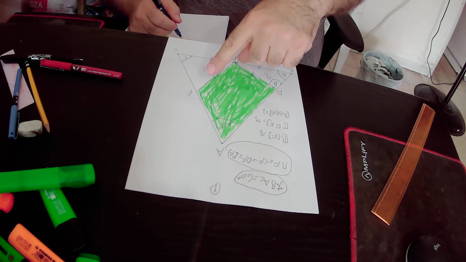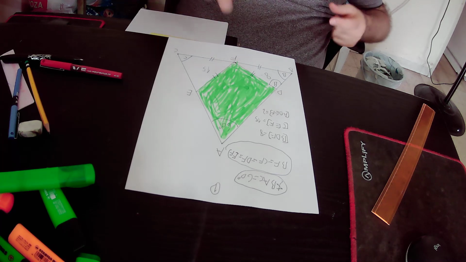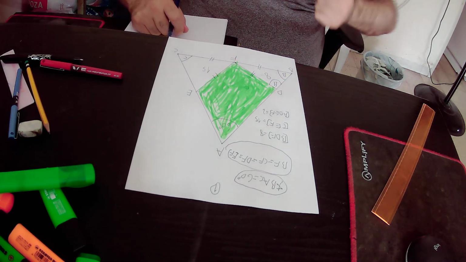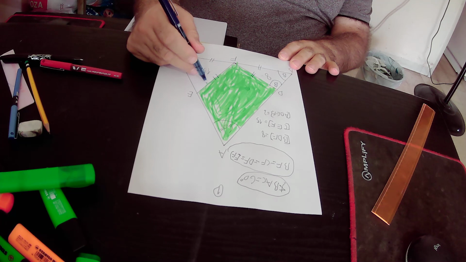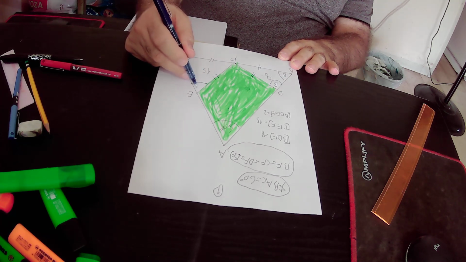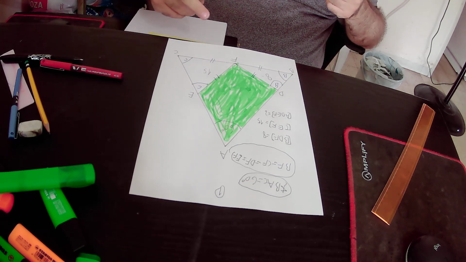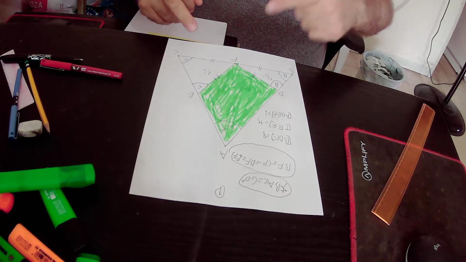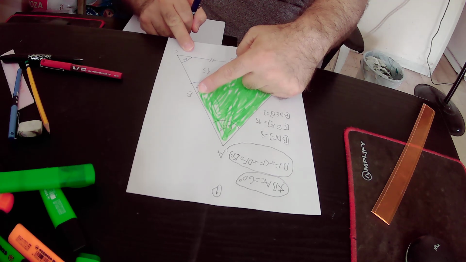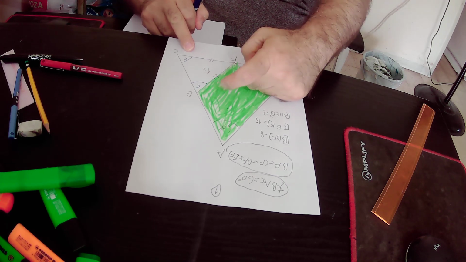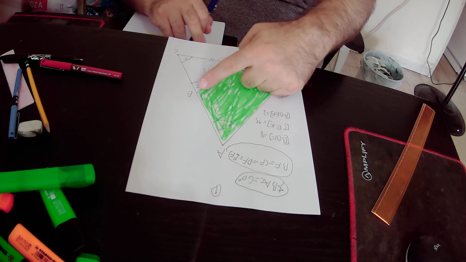In front of side FE we have angle C. In front of FC we have angle FEC, which must also be equal to angle C because of rule 2, that states that in front of equal sides there are equal angles. So those two angles are located in front of equal sides, therefore they must be equal to each other. So if this angle is C, this angle must also be equal to C.